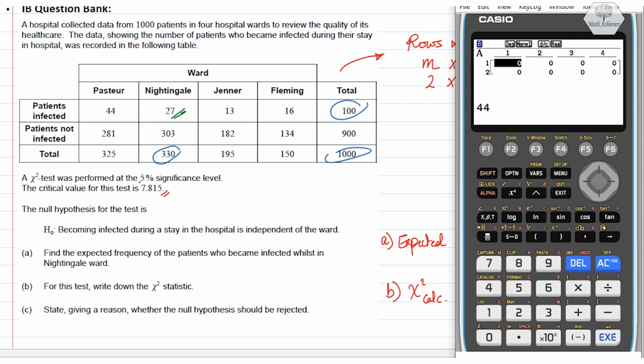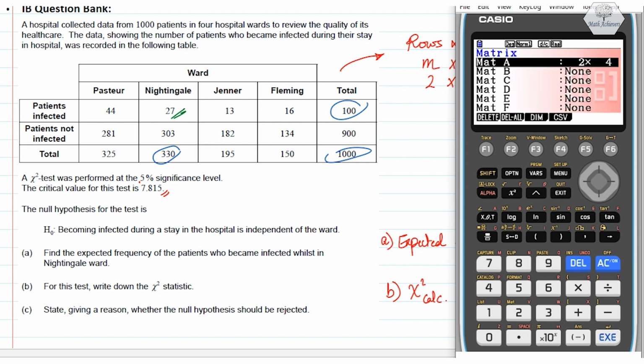Now I need to fill in the values. I have 44, then 27, then 13, 16, 281, 303, then 182, and 100, 34.